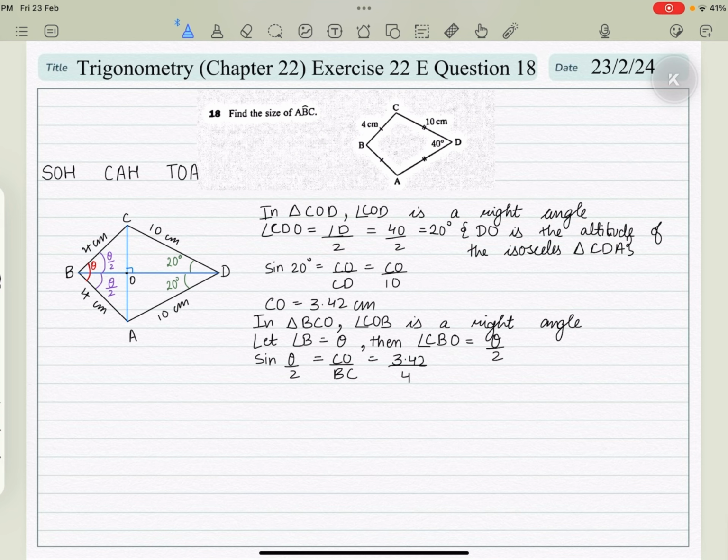This will give us theta by 2 as 58.77 degrees, and this will give us theta as 117.53 degrees. And yeah, that's it.